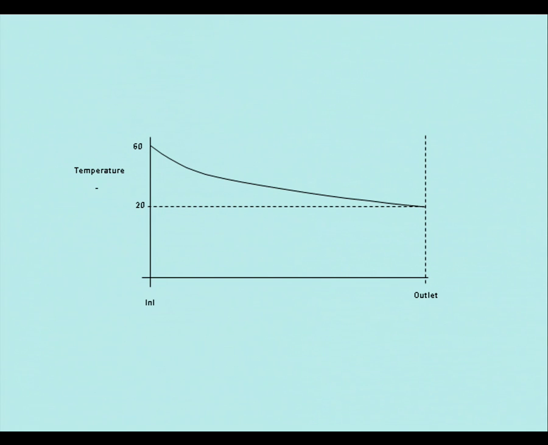So if that's the heat going in inlet to the pipe there, and this is heat in the fluid coming out, where's the other heat gone? This is the heat coming in, and this is the heat in the fluid coming out. Correct. It's gone out radially.